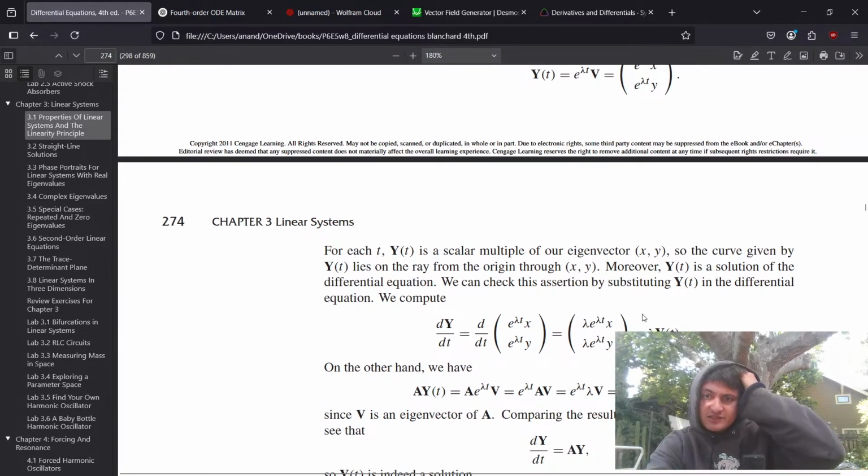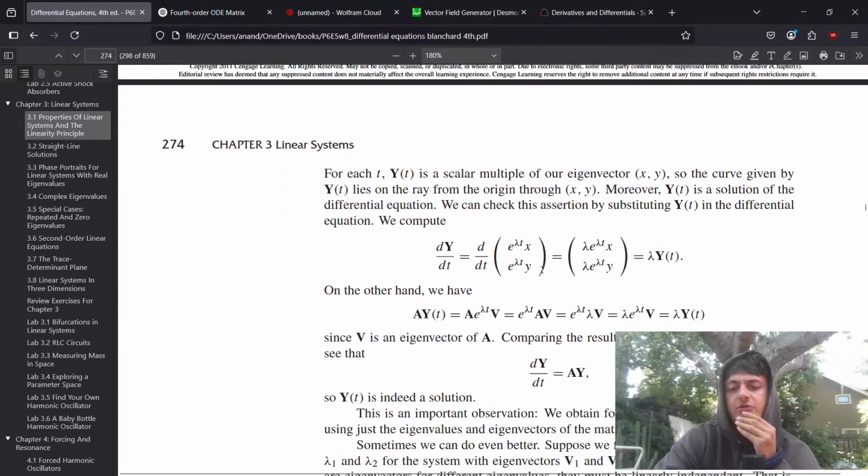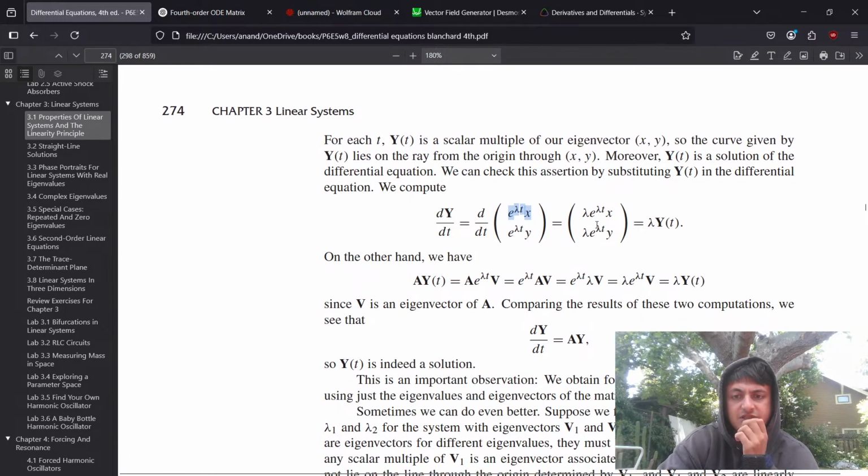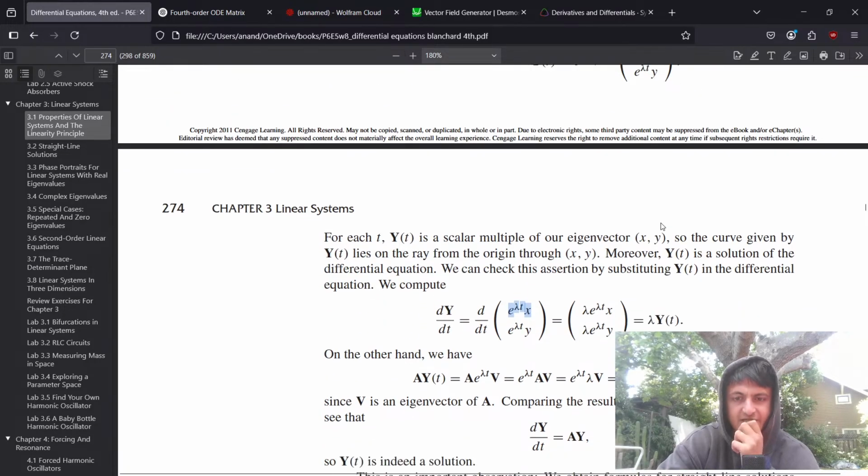We can check this assertion by substituting y of t in the differential equation. Okay, so that just checks that it's a solution. So we're taking d dt of this vector, which is going to be lambda e to the lambda t x.